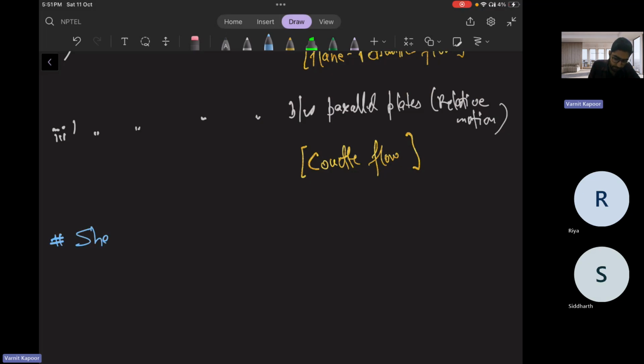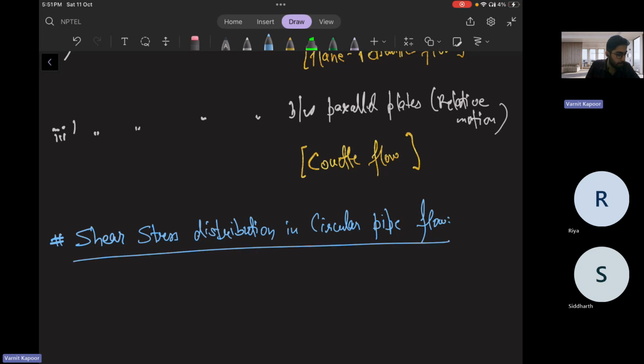Shear stress distribution in circular pipe flow. Okay. So Bernoulli equation won't work here. Navier-Stokes will work because Bernoulli equation works for non-viscous flows. So here are some assumptions we need to follow. Again, it won't be inviscid. Viscosity will be there.